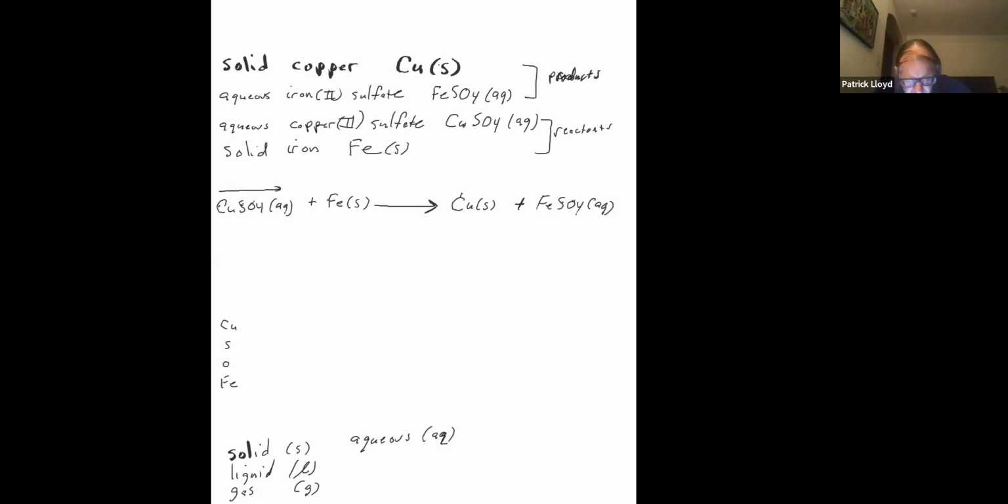Iron, 1 on the left, 1 on the right. Okay. Guess what? Every element is balanced here. It's the same for all 4 elements. 1, 1, 1, 4, right? It's the same. It's balanced.